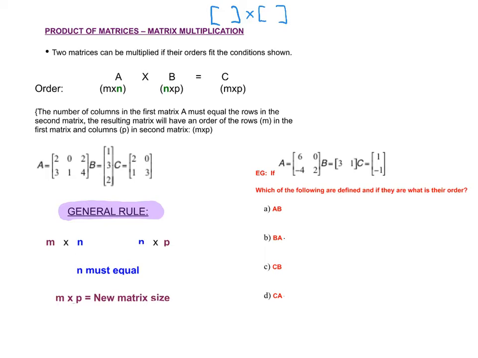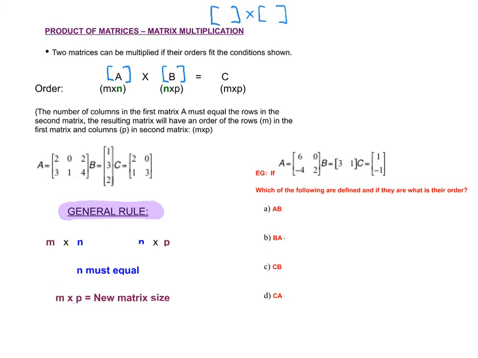So you're going to get two matrices that you're going to be asked to multiply with each other. Now, when you do matrix multiplication, the order of the matrix is very important, because some can be multiplied together and some can't. There are some particular rulings.